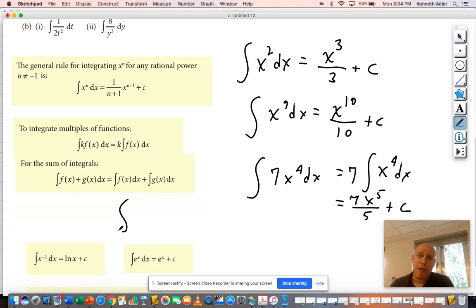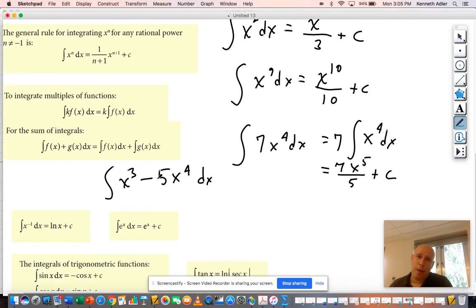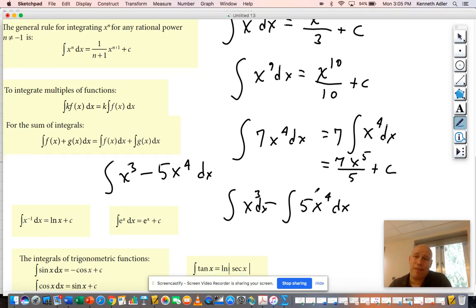For the sum of the integrals, it's just like when you differentiate a polynomial. So, for example, the integral of x cubed minus 5x to the 4th dx is simply the integral of x cubed minus the integral of 5x to the 4th. Put a dx here, put a dx there. It's very basic.